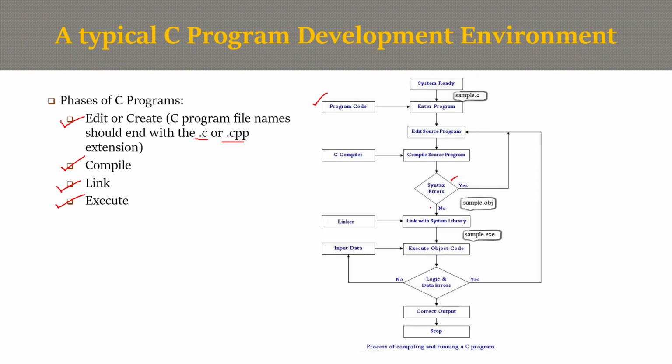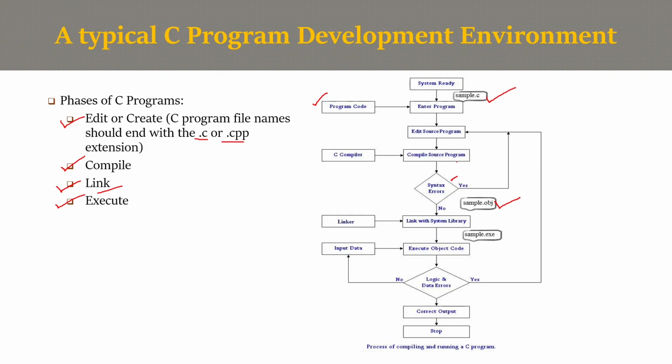Then we have the next phase, which is the link. Here we have a linker. So what does this linker do? After compilation, a sample object file is created. Firstly, for the program code, a sample.c file was generated, which is the initial .c file that stores your program code.